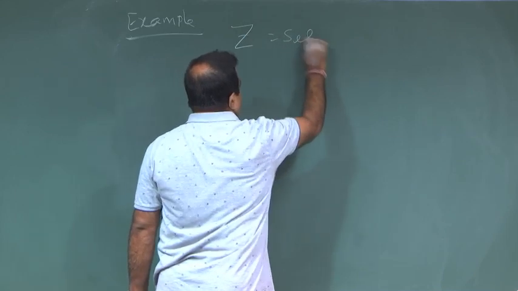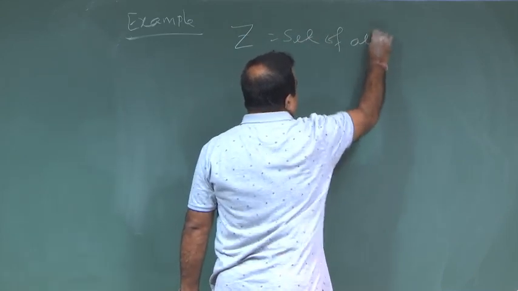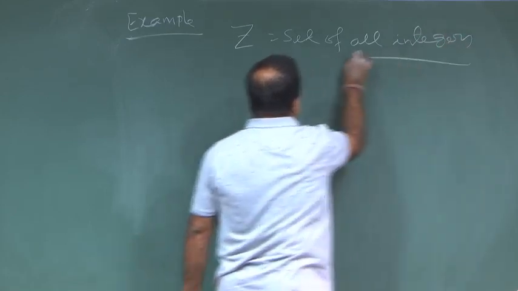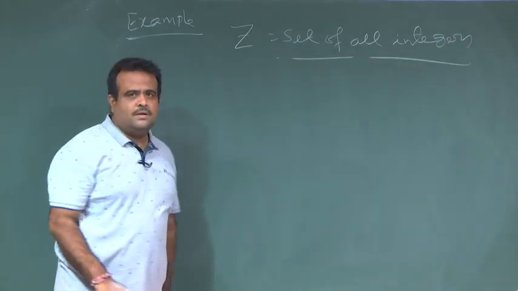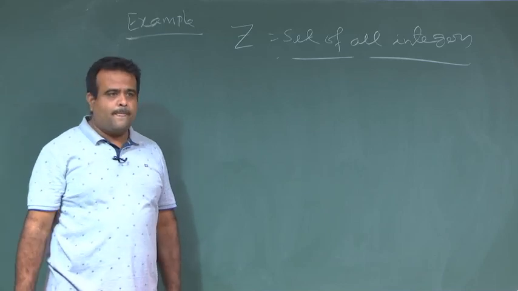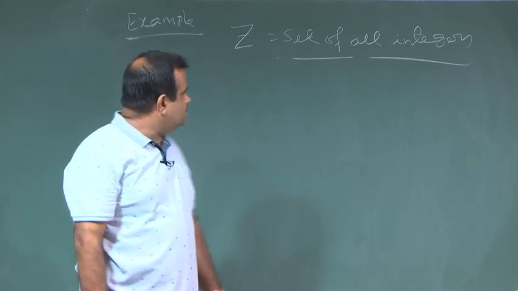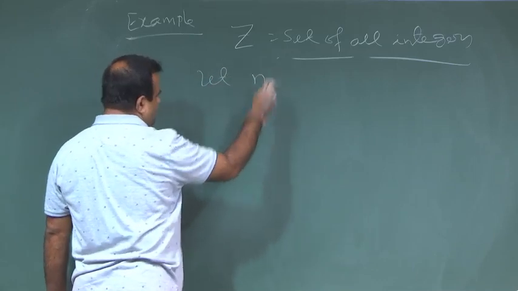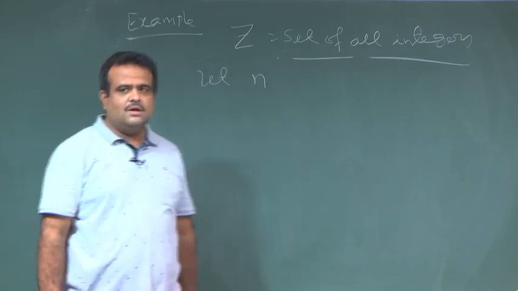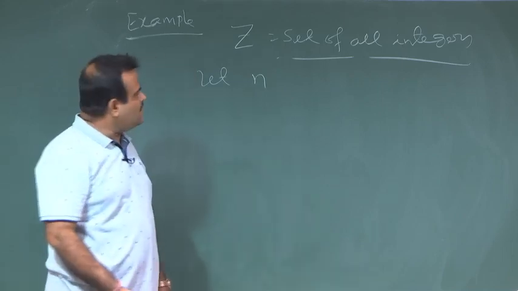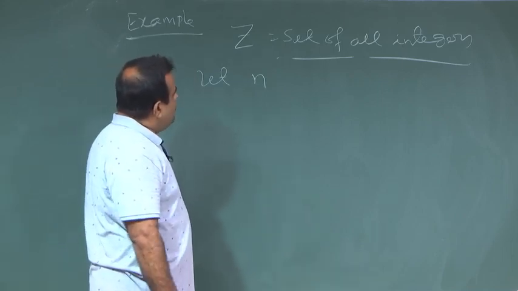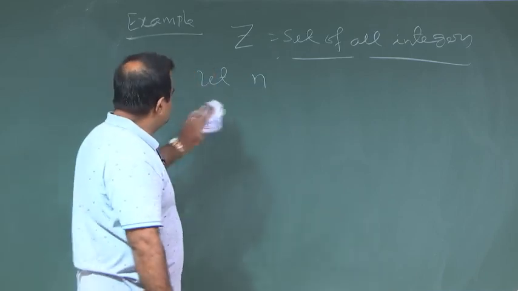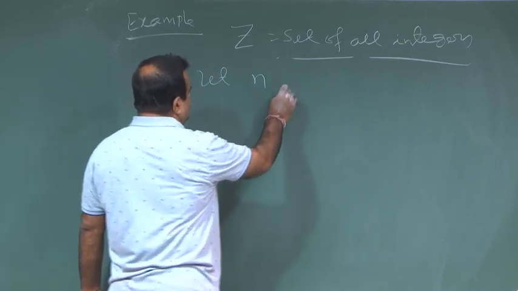Now we take an integer n, it could be 5, anything. Usually we take this to be a positive integer, though it could be a negative integer also, but let us first take some positive integer.